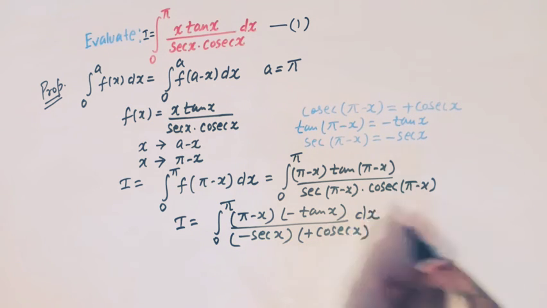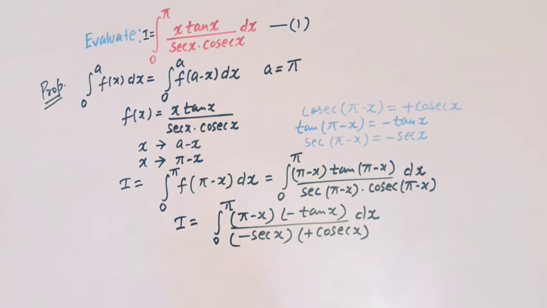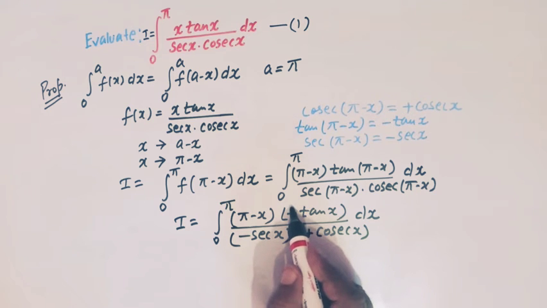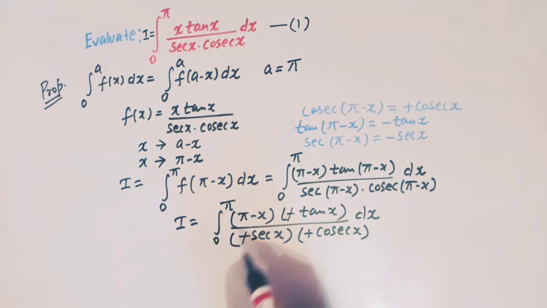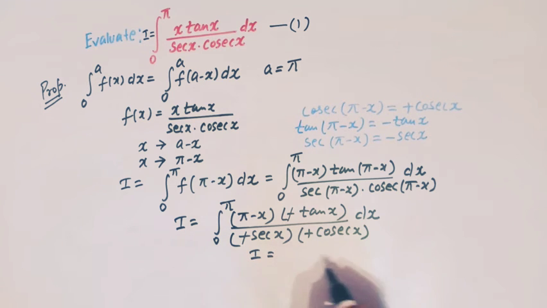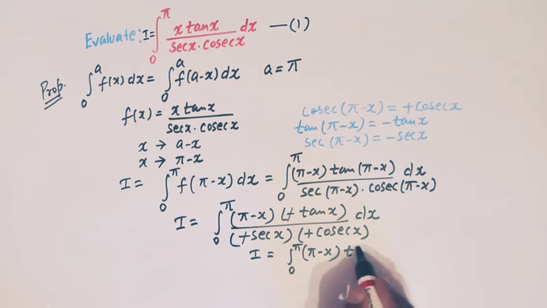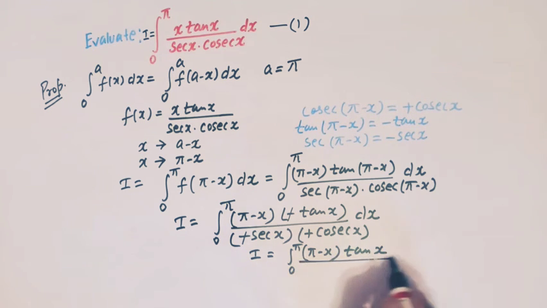And here we have dx. Now this minus and this minus get cancelled, and we are left with I is equal to the integral from 0 to pi of pi minus x times tan x divided by sec x multiplied by cosec x, right?